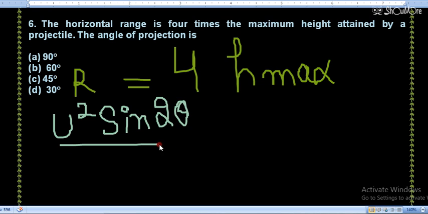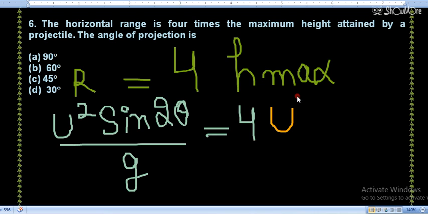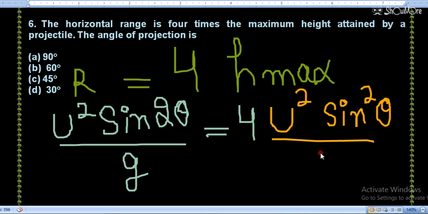And the maximum height, maximum height is equal to u square sine square theta by g.